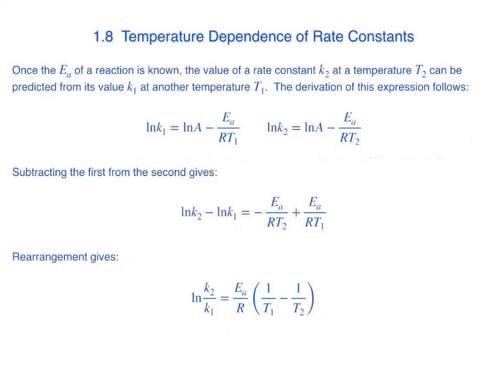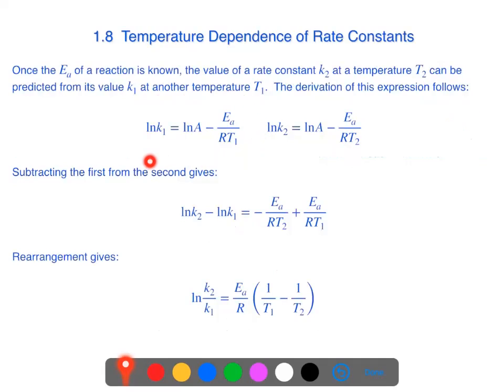Here we see our Arrhenius expression, the linearized form of it, expressed as a rate constant k1 at a temperature T1. So that's the rate constant at a particular temperature. Now, if we write out the same expression, but now express the rate constant at a different temperature, that is k2 at T2, we take these two expressions and subtract them from one another.